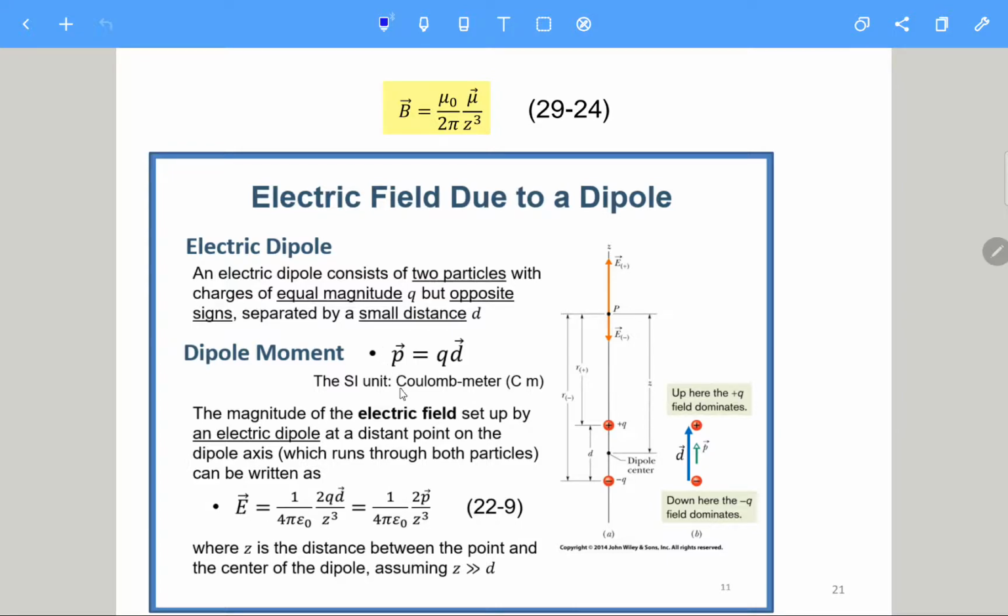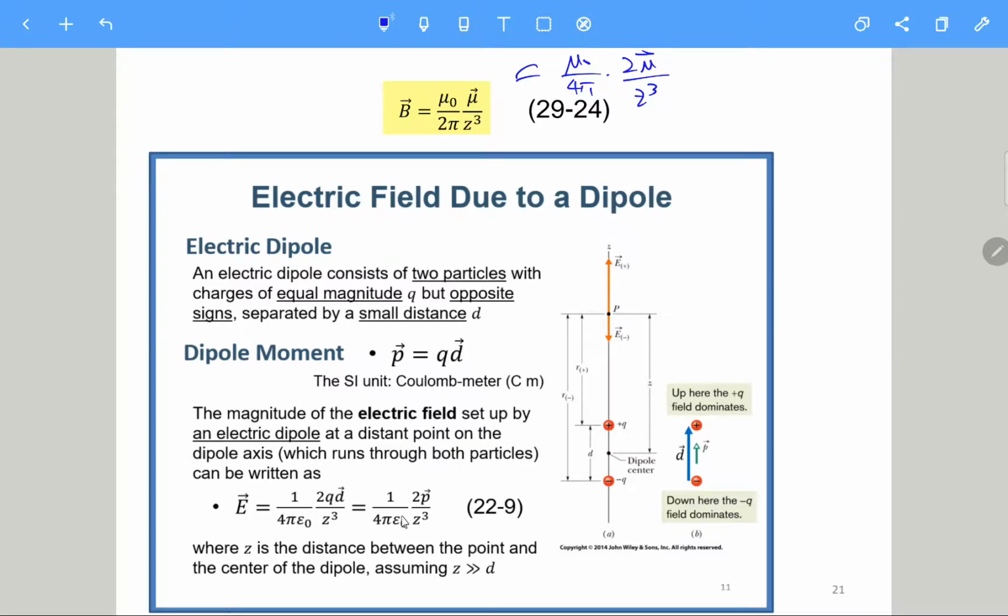Now for the magnetic case, you can put it as mu 0 over 4 pi times 2 mu over z cube. So we have 2p here and 2 mu here, z cube, 4 pi, mu 0 on the top, and epsilon naught at the bottom.